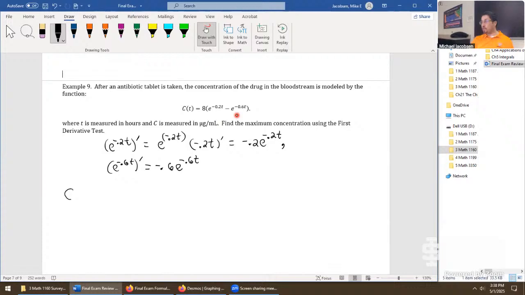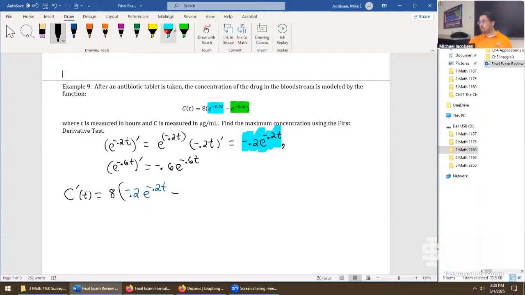Now the real derivative we want, c prime at t, is going to look like this. Constant multiple rule says nothing happens to the 8 because it's multiplying. Then this derivative we worked out to get that. So negative 0.2 e to the negative 0.2t.